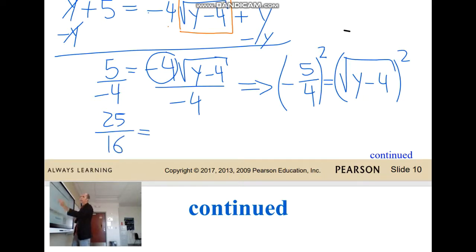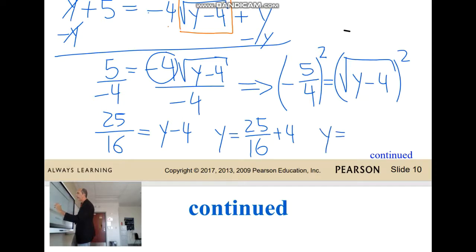Equals square root of y minus 4 squared, which is y minus 4. And we have here a solution. y equals, add 4 on both sides, addition property of equality, remember, plus 4, and y equals 89 over 16.